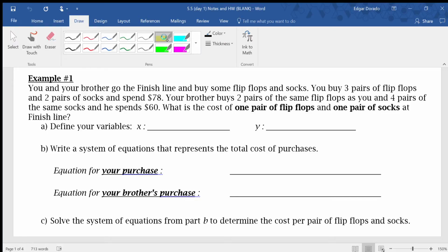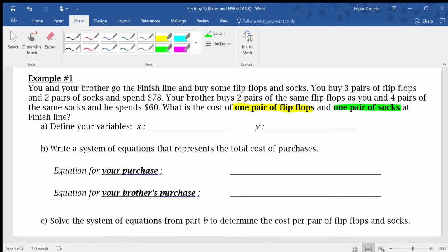As you can already see, we have some info here, and this stuff in bold lettering is probably going to be important. Sure enough, it is, because the first thing being asked is to define what my variables will be, my x and my y.